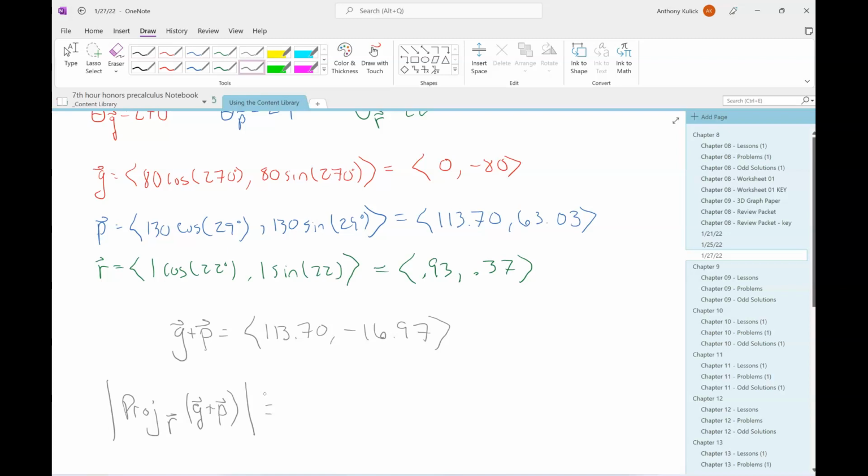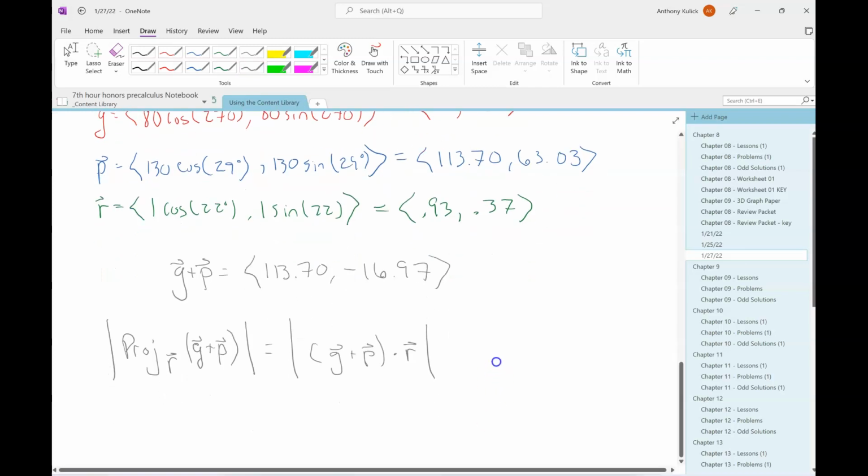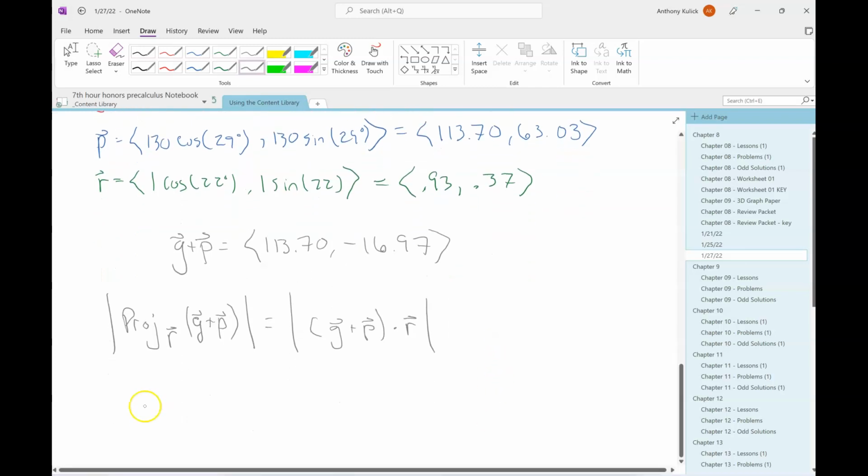Since we're projecting onto a unit vector, that magnitude is just going to be the dot product, or the absolute value of the dot product. Oh, well, that's pretty good. So the product of the x's plus the product of the y's.